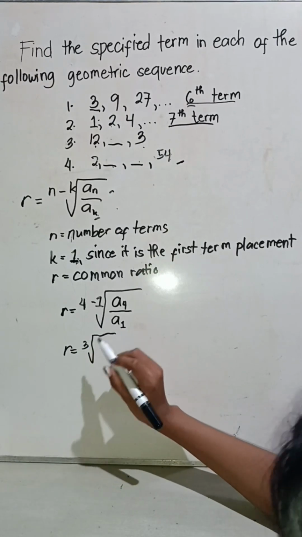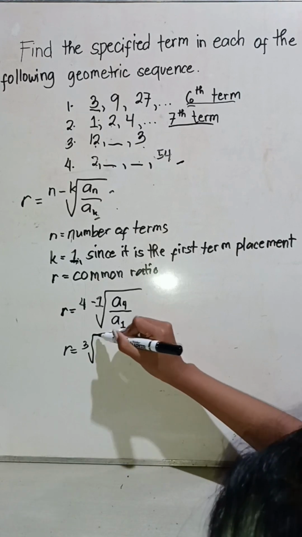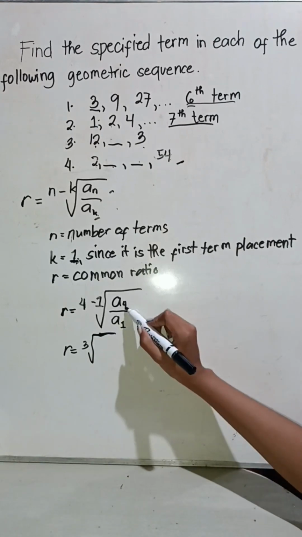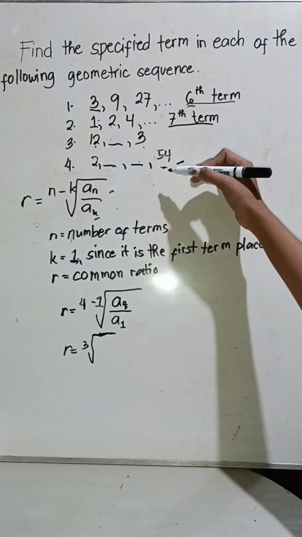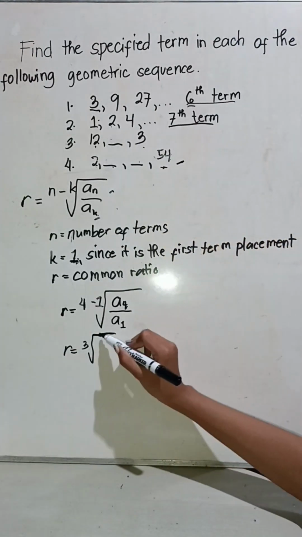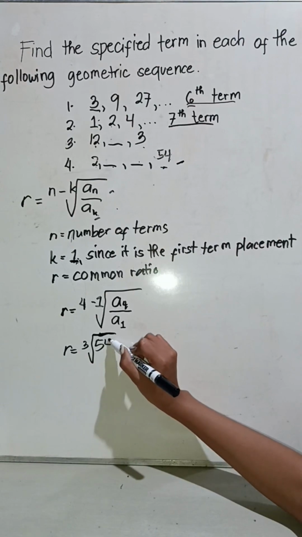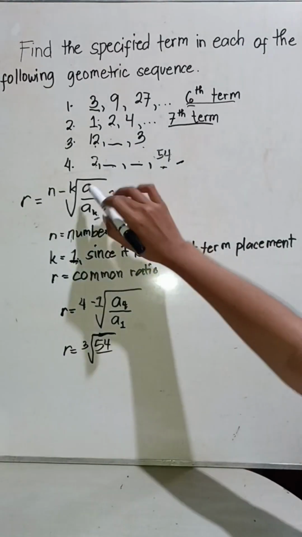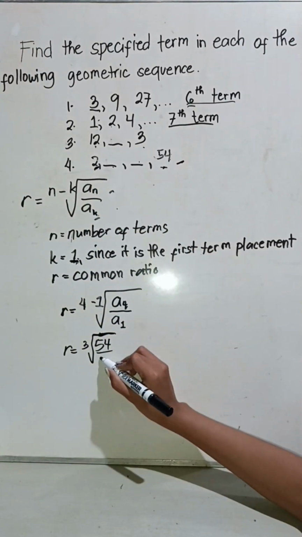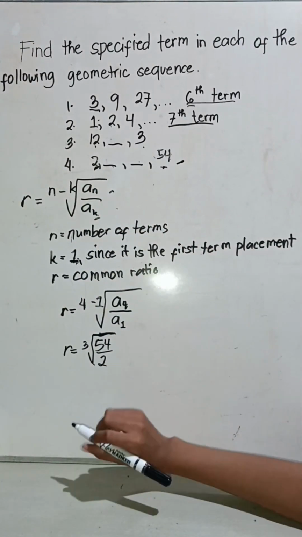Copy the exponent. Sorry, it got interrupted. So, our a sub 4 is 54 over our a sub 1, which is 2. This is the substitution for this part.